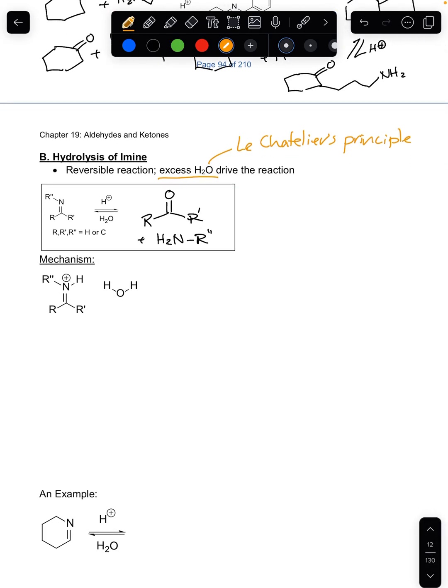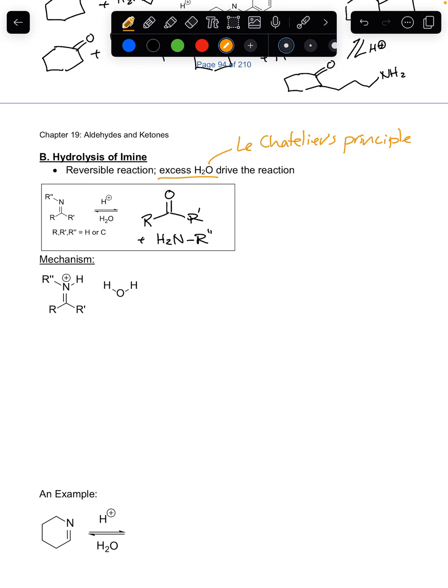Okay. Now the mechanism, this would be a really good time to pause the video and see if you can figure out the mechanism on your own. It should be very similar to the acetal hydrolysis. It's a really good skill for you to develop, when it comes to a mechanism similar to the ones that you've learned before, to figure out the new mechanism based on that analogy, similarity to something you already know.